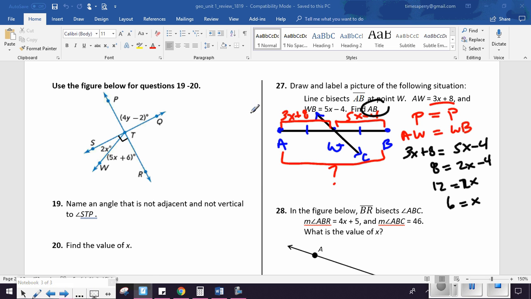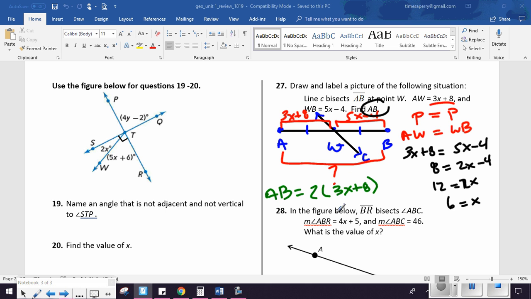There are several ways to find AB. The simplest way that I can think of is, since I know that these are equivalent, instead of writing them twice or adding both of these together, I'm going to say 2 times one of them. Does that not make sense to you? Because they're equivalent, they're congruent, can I just double one of them and get my result? Yes, I can.